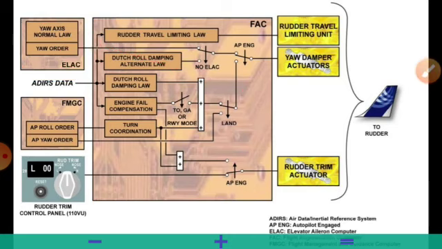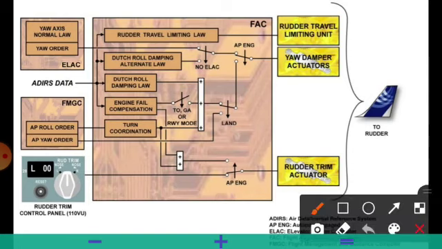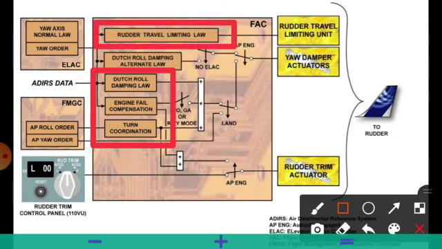And which functions are available in the rudder? The functions available here, you can see these: first one, Dutch roll damping, engine failure compensation, turn coordination, rudder travel limiting law. All these functions are available by the ELAC when the autopilot is not engaged.